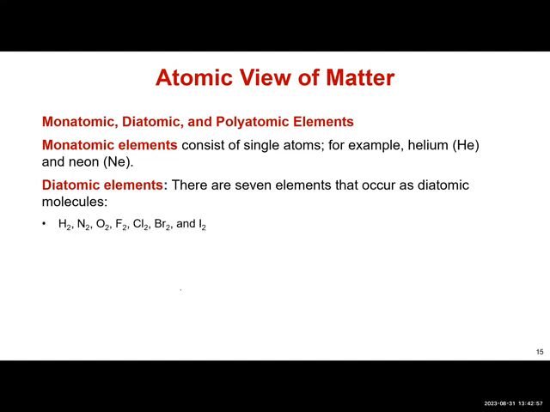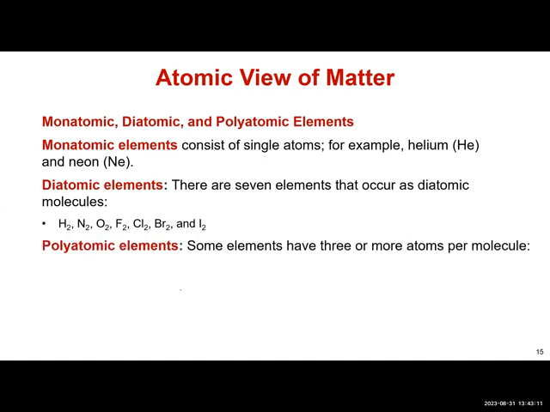Some elements are diatomic, like hydrogen, nitrogen. They are made out of molecules. When you have more than one atom, a group of atoms is called a molecule. Polyatomic means more than two. For example, ozone is another form of oxygen, which is in the stratosphere of the atmosphere, and ozone prevents UV exposure.